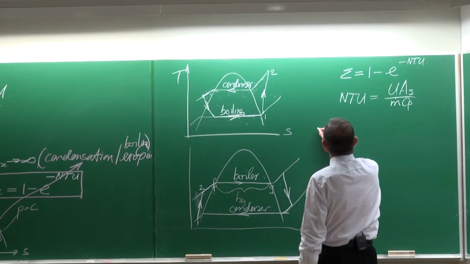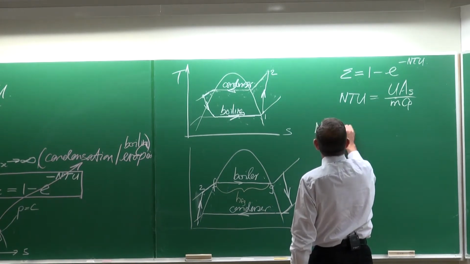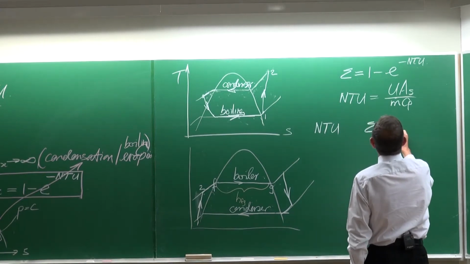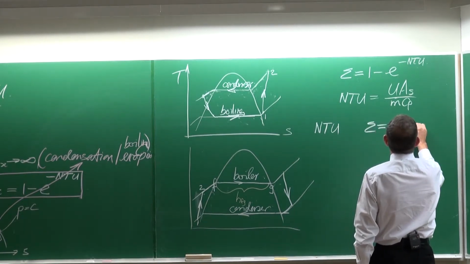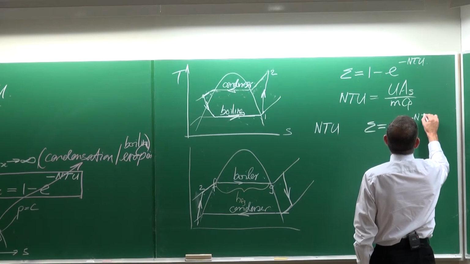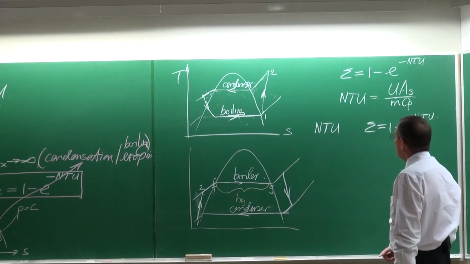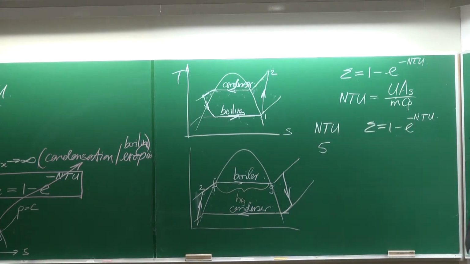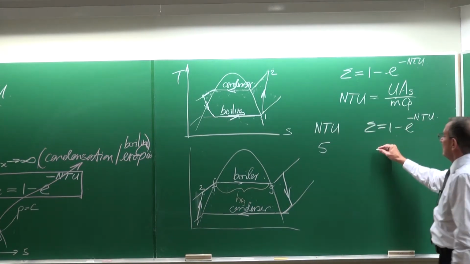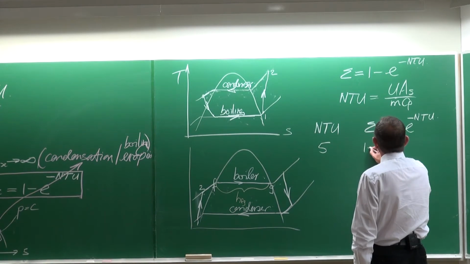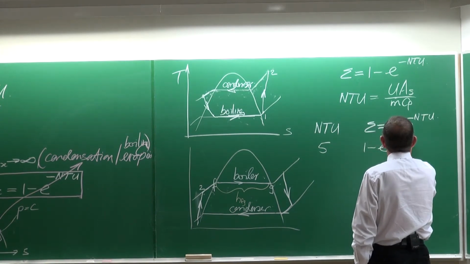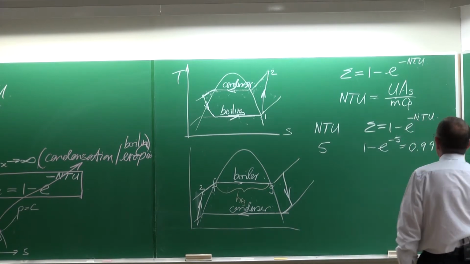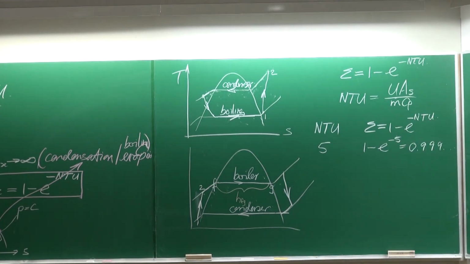But let's go and look typically at different values of NTU. And you calculate the effectiveness is 1 minus e to the minus NTU. What will the effectiveness be? So if the number of transfer units is equal to 5, and you calculate 1 minus e to the minus 5, then the effectiveness would be 0.99999.